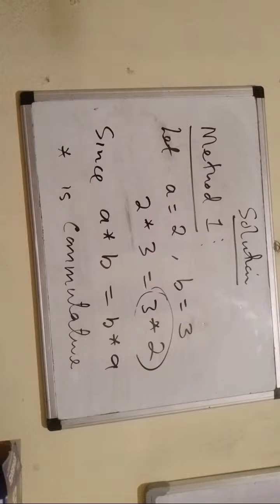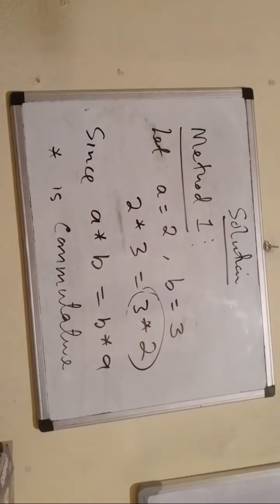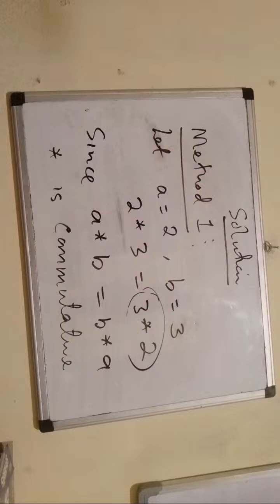Because we got the same answer, we say the star is simply commutative. If they were different, we would have said star is not commutative. That would have been our conclusion. So this is basically how we prove it, and this is method 1. You use numbers to check whether it's commutative or not.